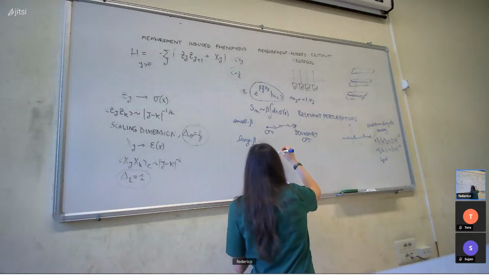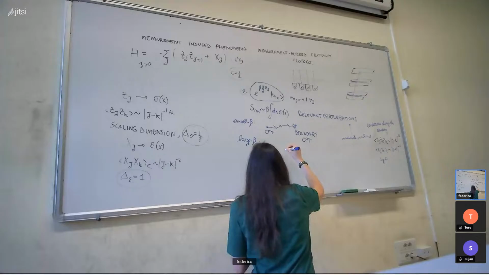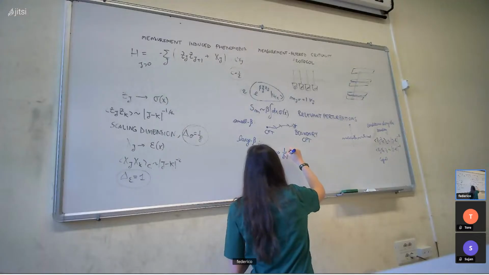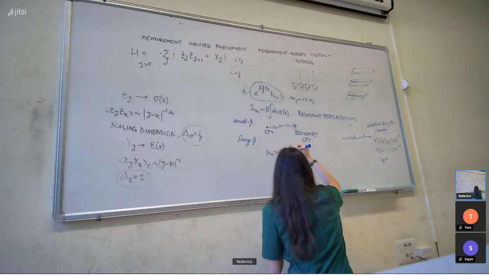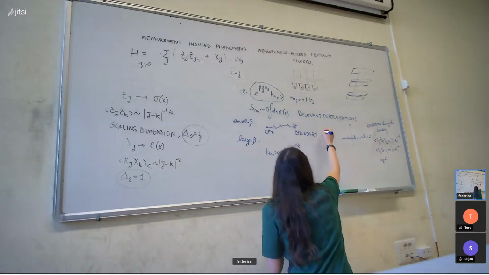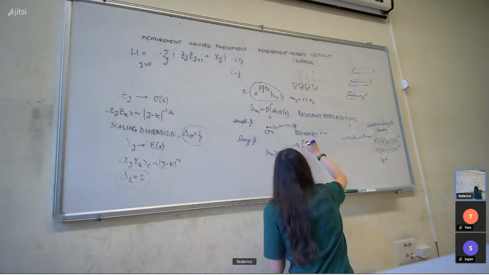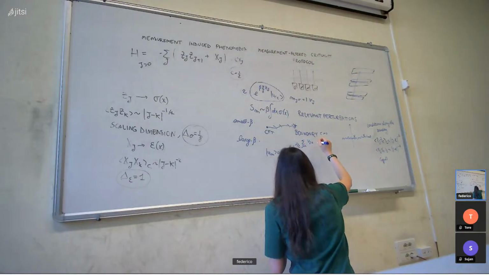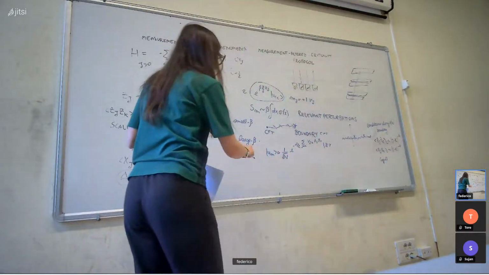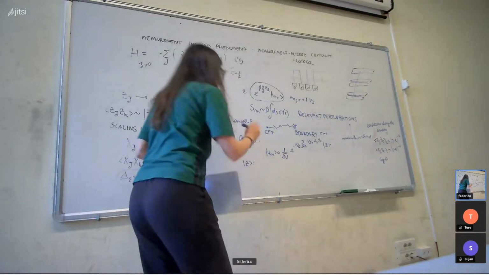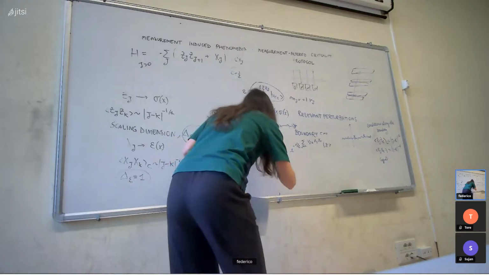So Z is just a product state when for instance we have up.